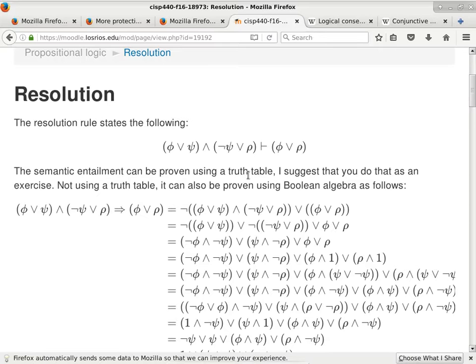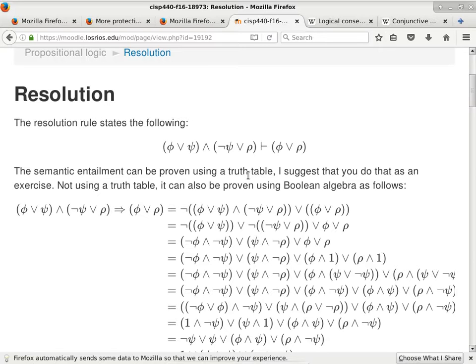And all it says is if you have one WFF, one well-formed formula, that is phi or psi, and you have another WFF that is the negation of psi or rho, then you can come to the conclusion that phi or rho. You can derive that.